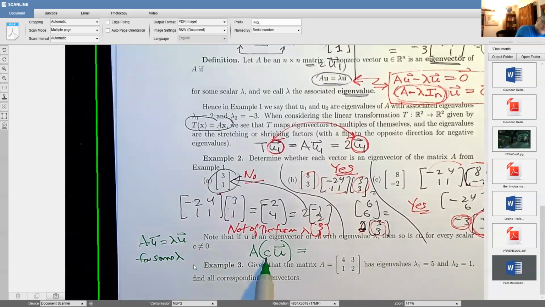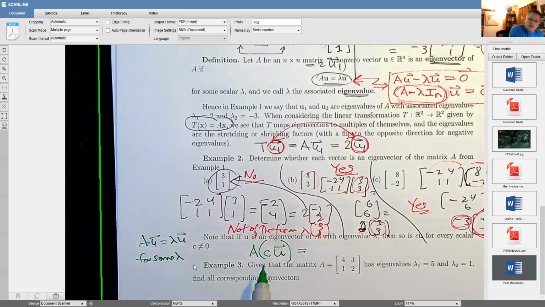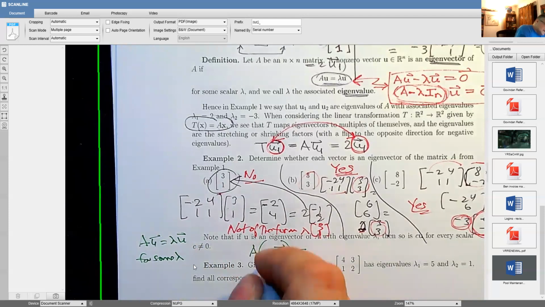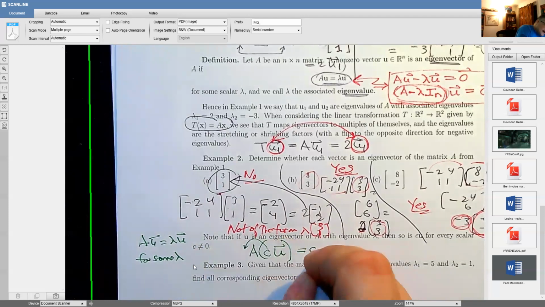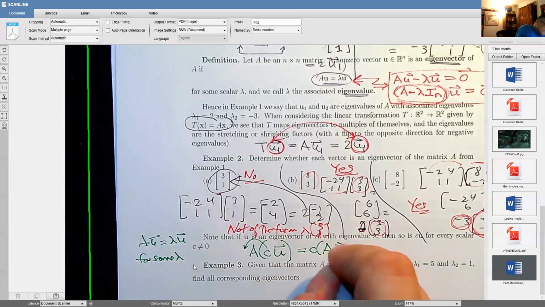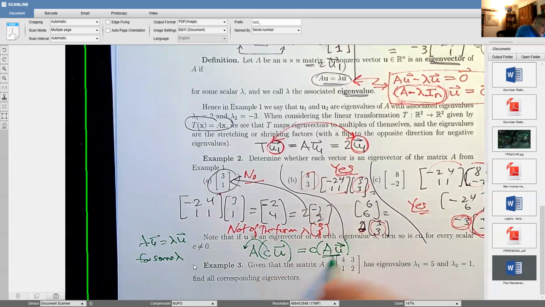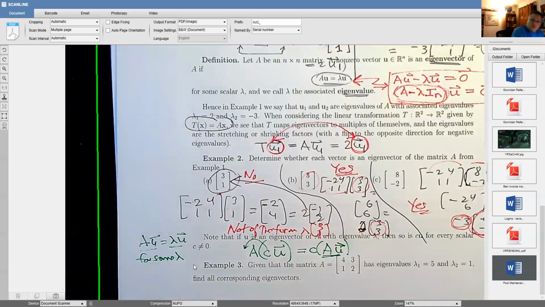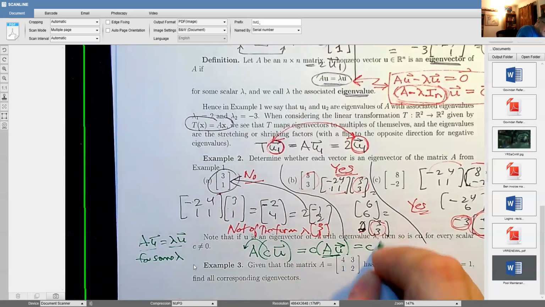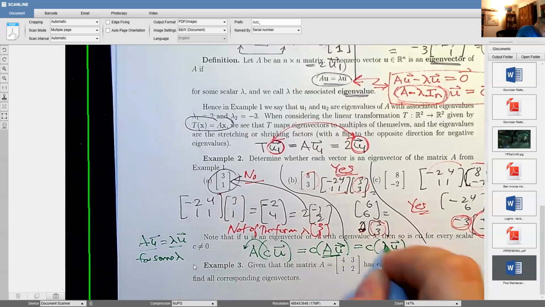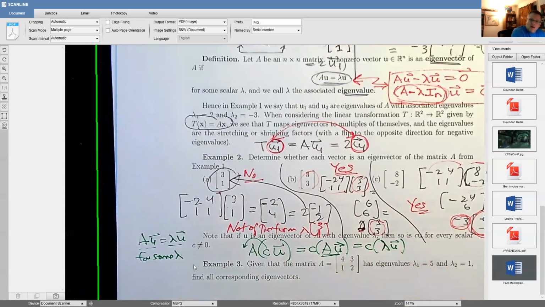Well, but this little c's in the way. But remember, we have that sliding scalar property for matrix multiplication that we introduced back in 3.2. And so I can pull the c out like that. And now I just have the A times u, where I know what that equals. That equals lambda u. Okay. But remember, I want to write that as lambda times cu.